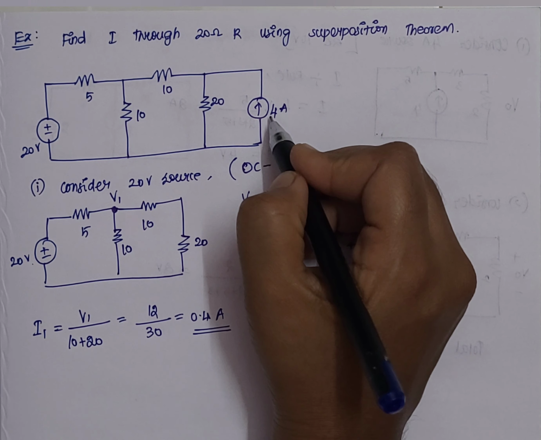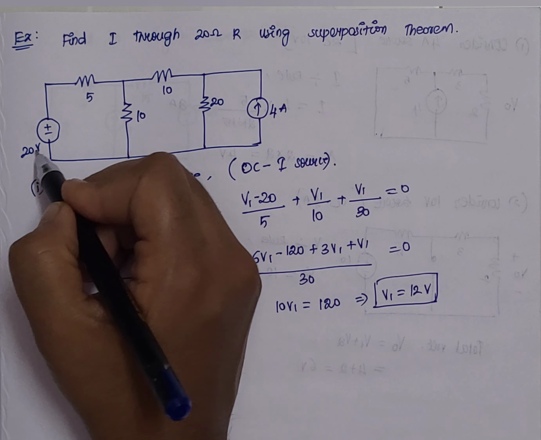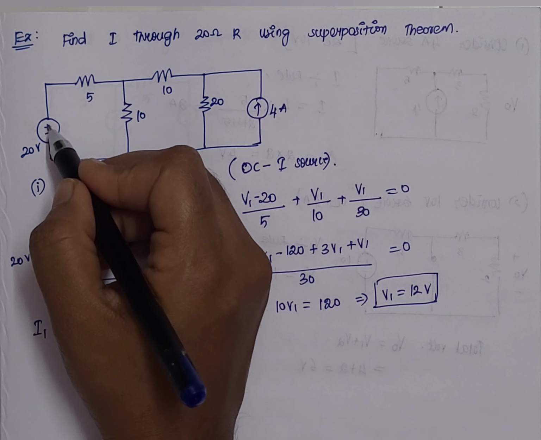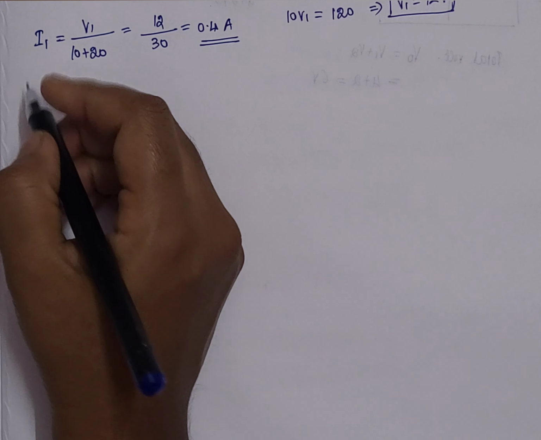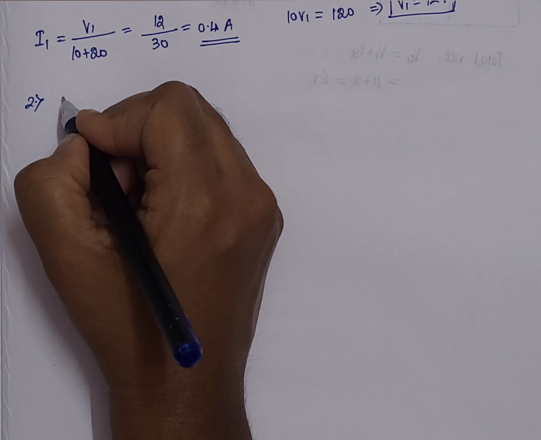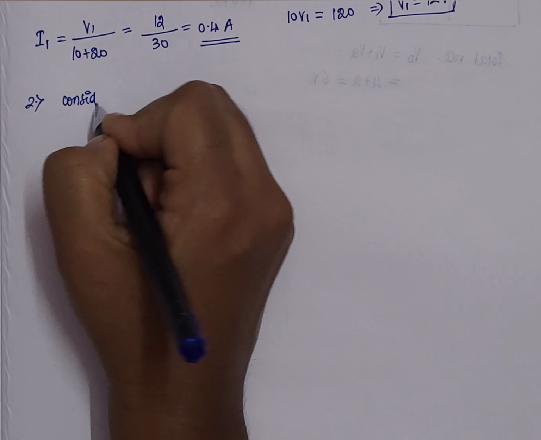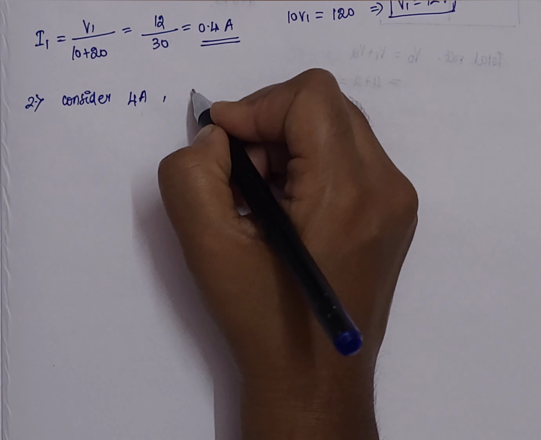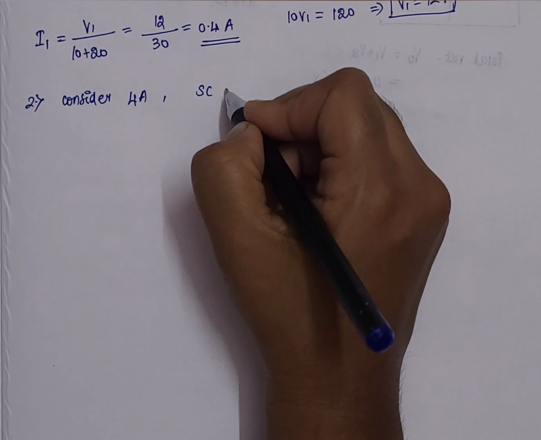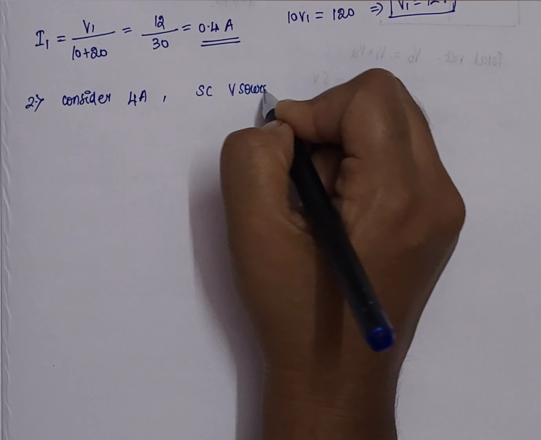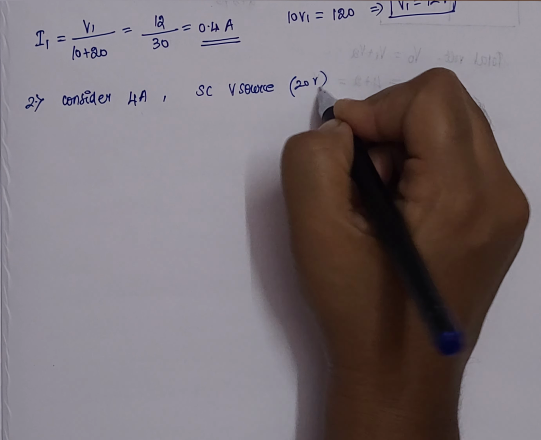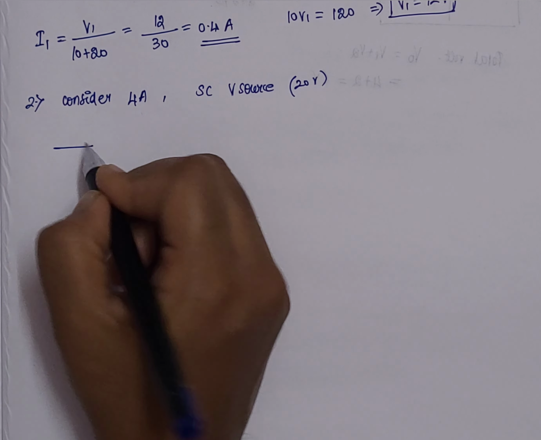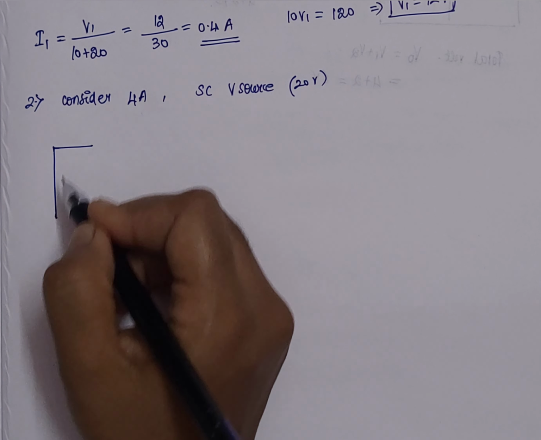Now let us consider the second source by removing this particular 20 volt, that is, we have to short circuit the voltage source. So the second consideration is to consider the 4 amperes current source and eliminate, that is, short circuit the voltage source, the 20 volt. Then the circuit will be, after short circuiting, in this way.